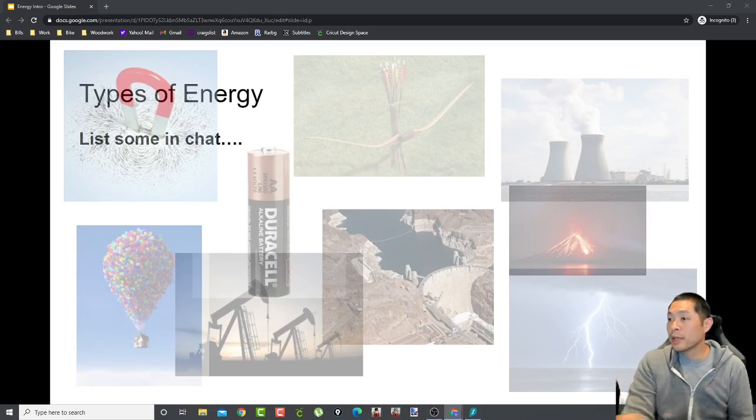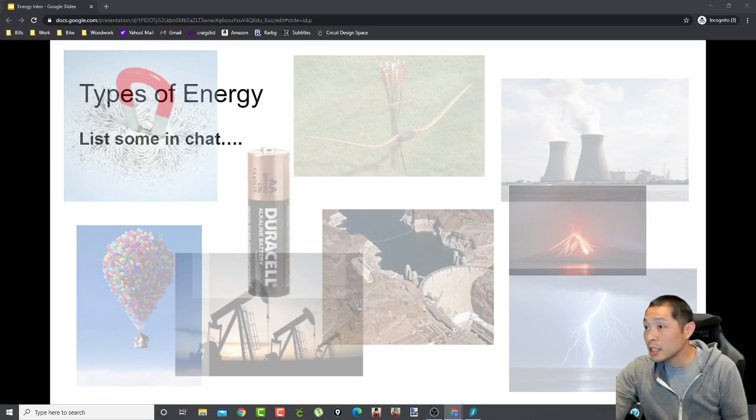We have hydropower, mechanical, elastic, electricity. Great. What would the battery be other than electrical? So eventually it does make electrical, but what does it start off as? Magnetic, very good.